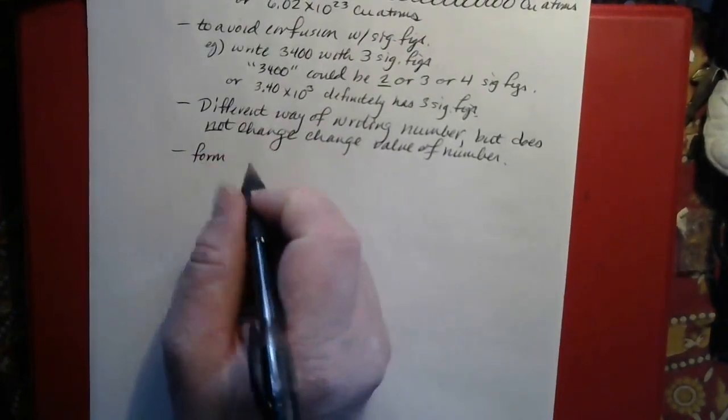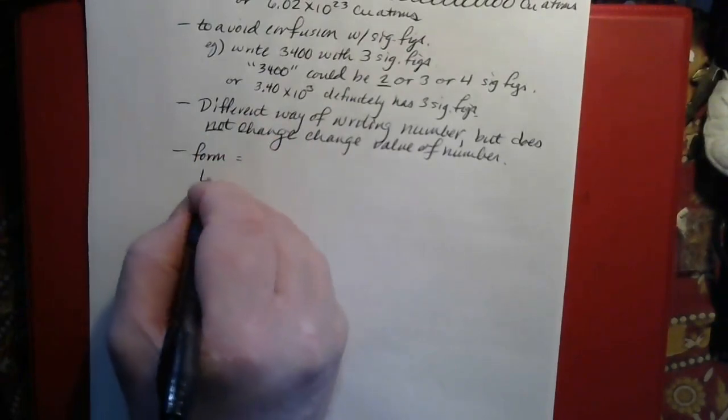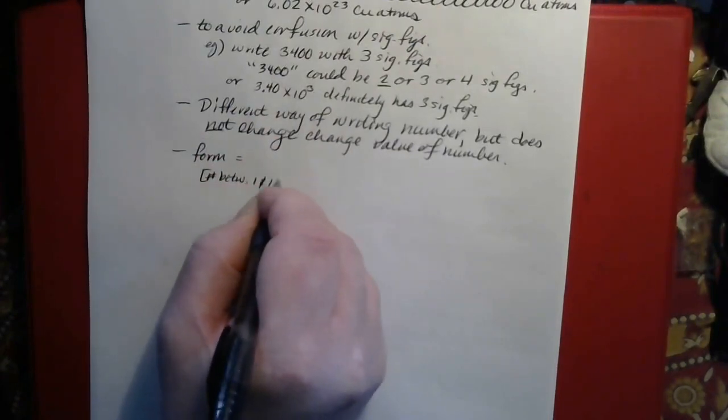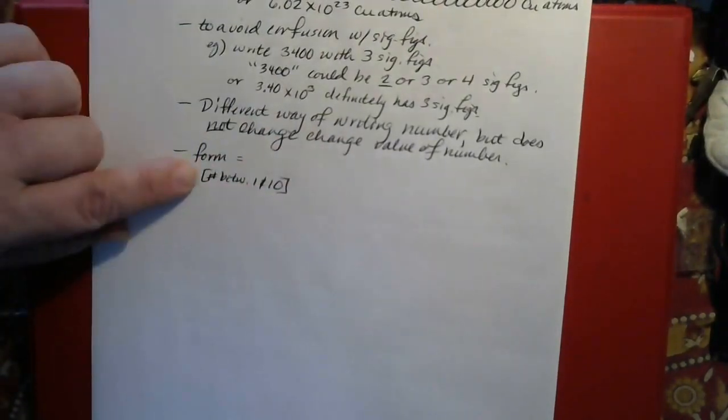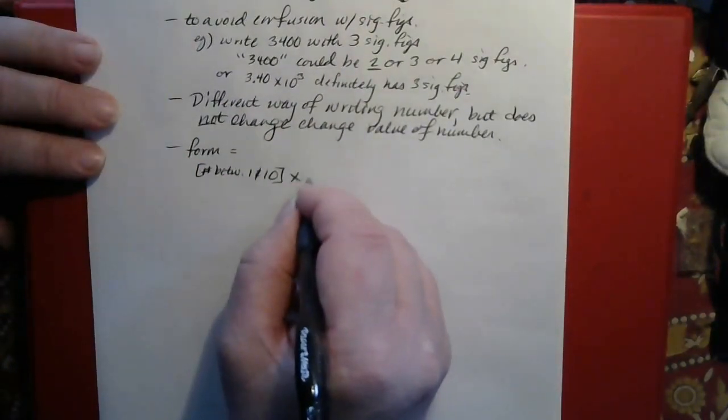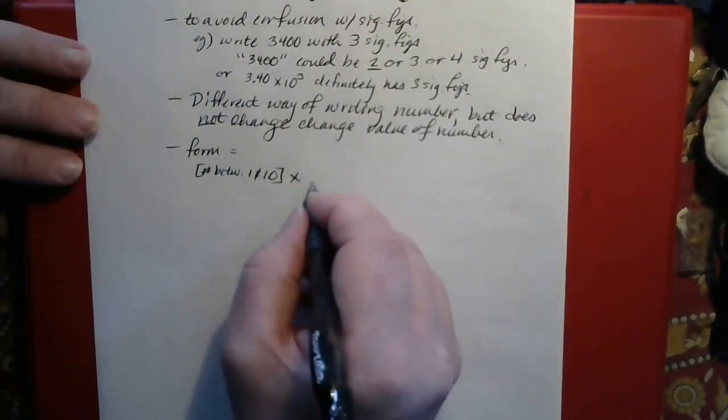The proper form of scientific notation is a number between 1 and 10 times 10 raised to a whole number power.